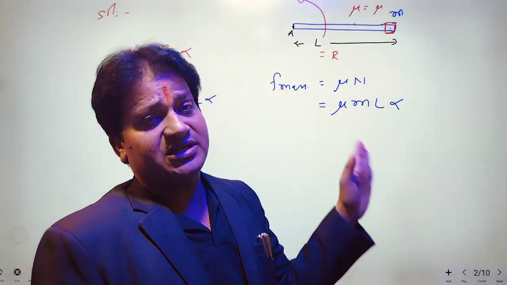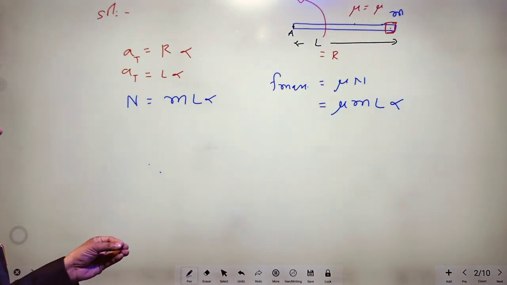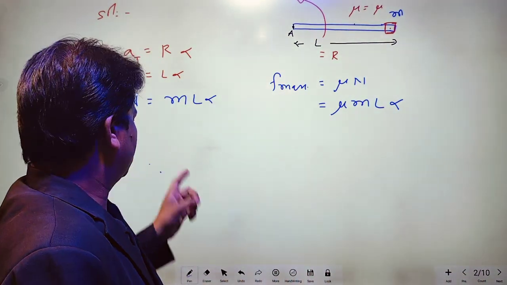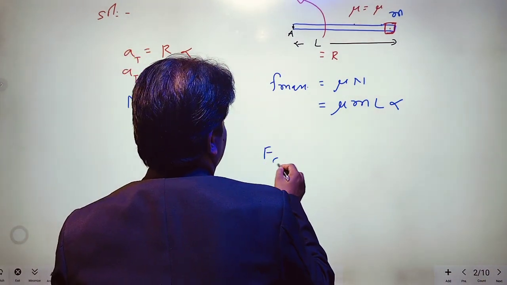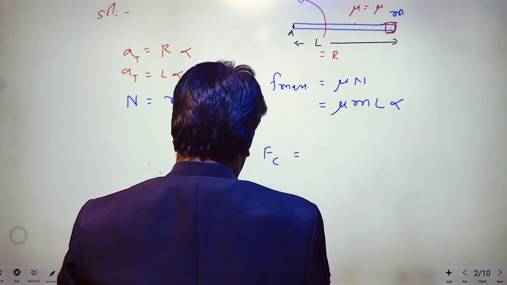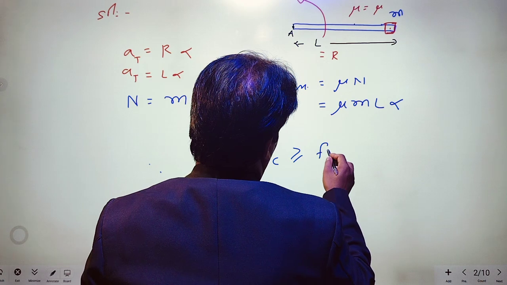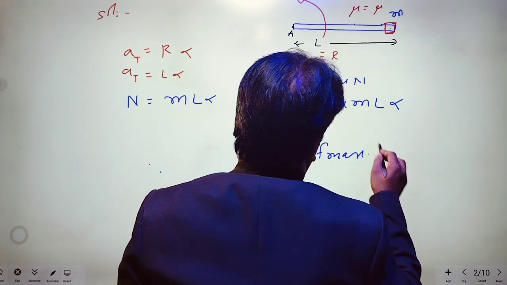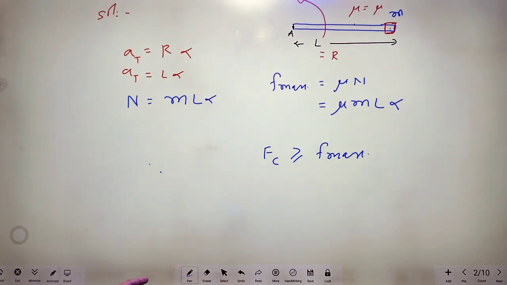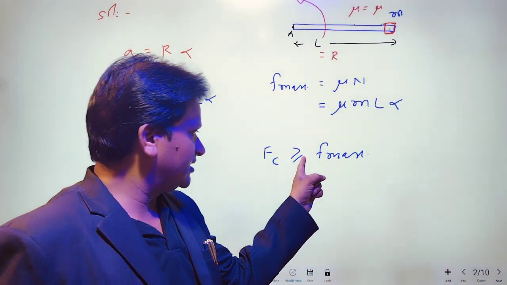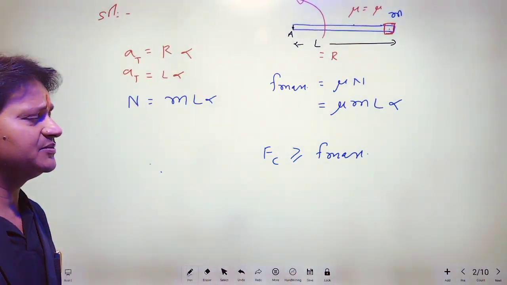This is the maximum friction. The bead can slide if the centripetal force is greater than or equal to F max, that is, the limiting friction.